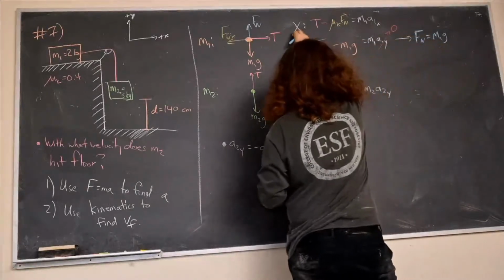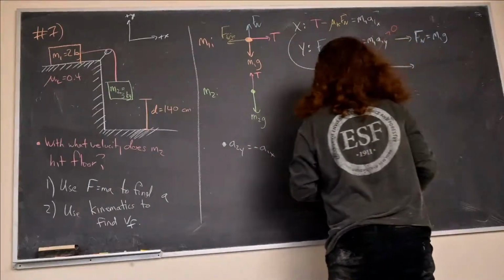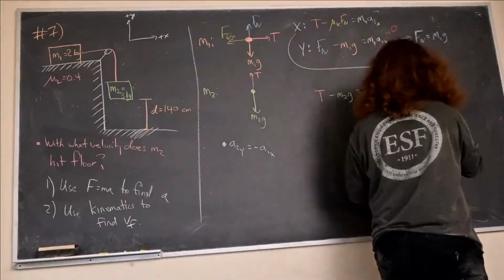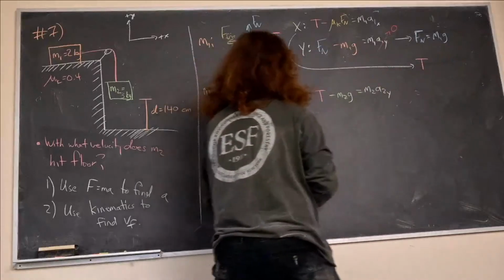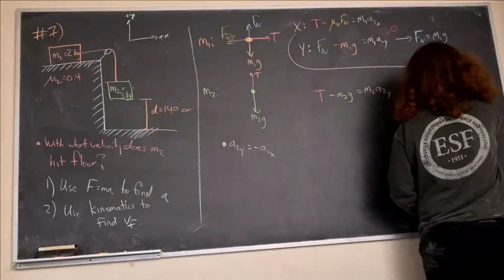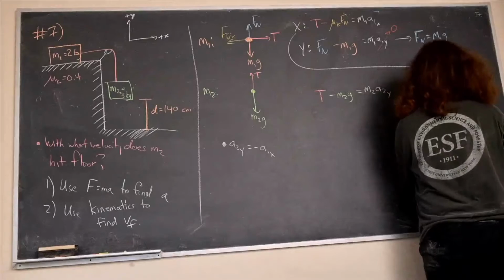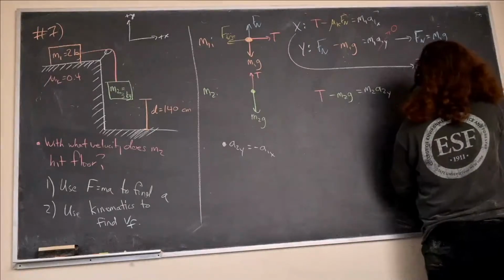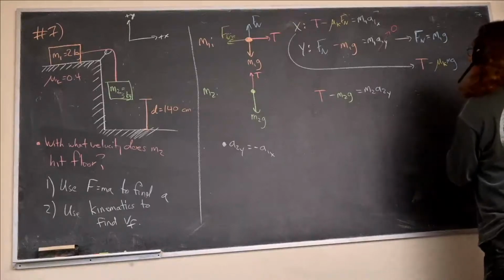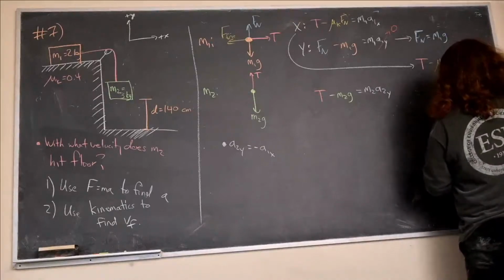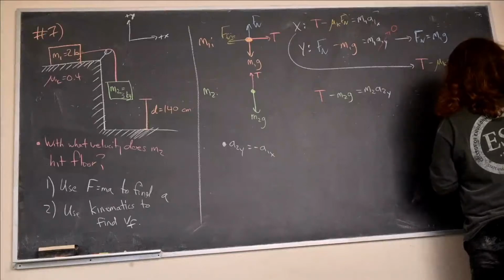So this equation now becomes: I've got the tension, but now I know what the normal force is, right? I've got minus mu k m1g, which I just found, equals m1 a1x.